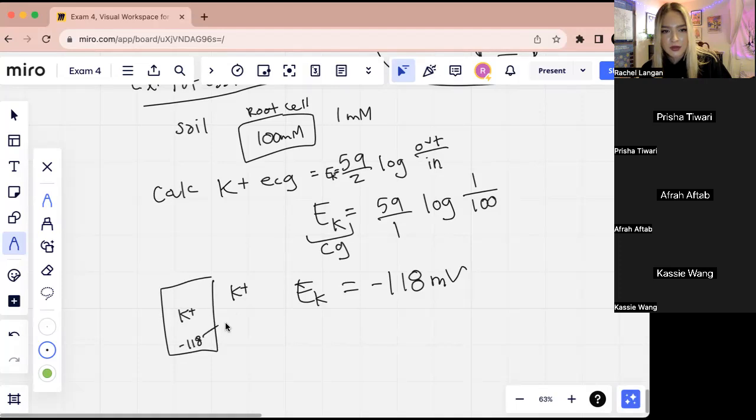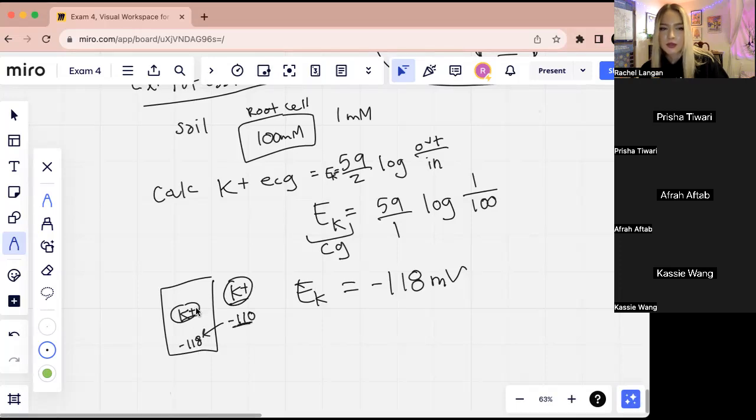So if the actual membrane potential is more positive, let's say negative 110, then as a potassium ion, I want to move myself with my positive charge in order to get the membrane potential to this value. So I want it to become more negative if this is where we're at.